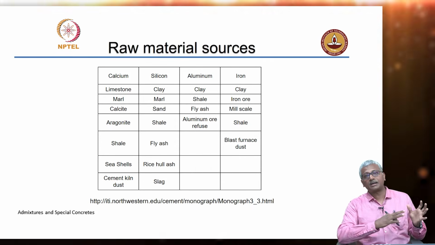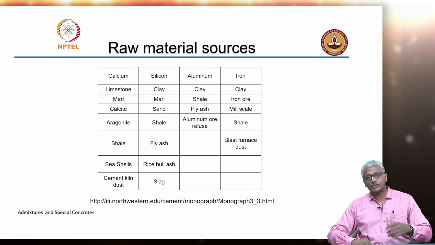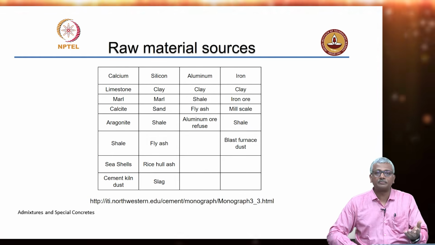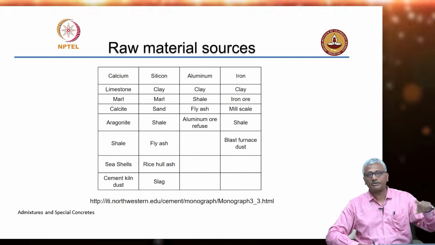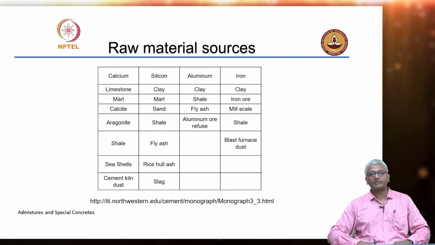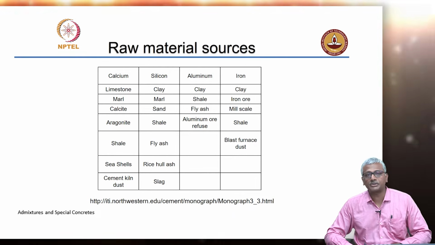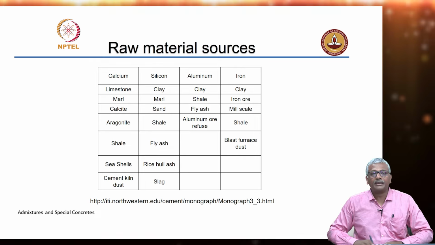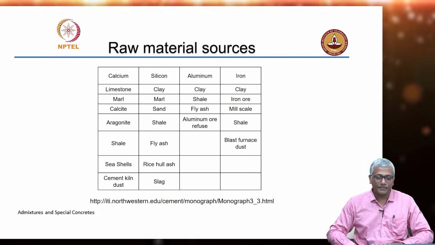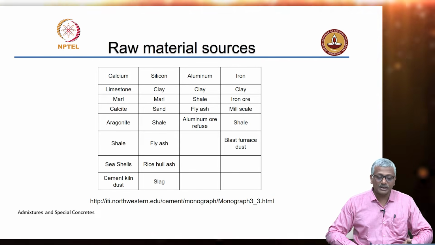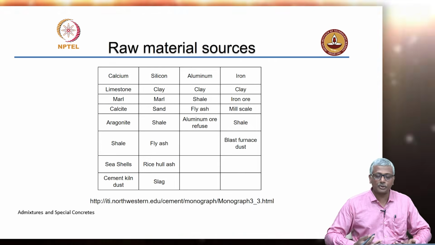The dust that comes out of the cement kiln also has a very rich amount of calcium, so that can be fed back into the cement manufacturing process and adjusted for the composition to ensure that you are getting the right amount of calcium oxide forming in the system. Then you have silica. The primary source is going to be clay.